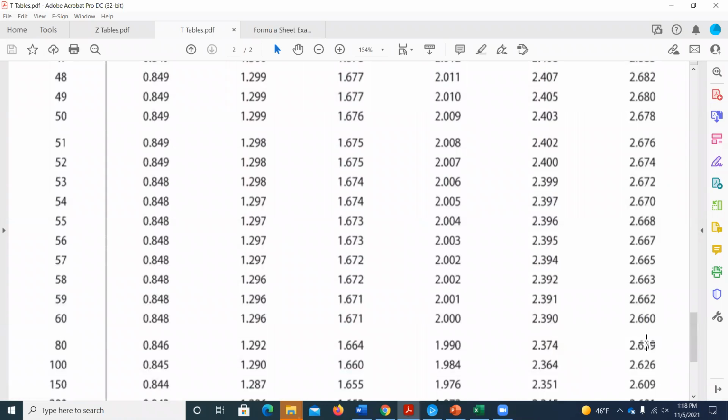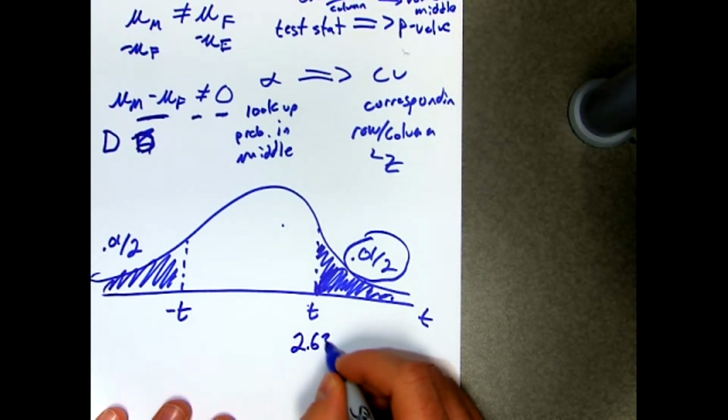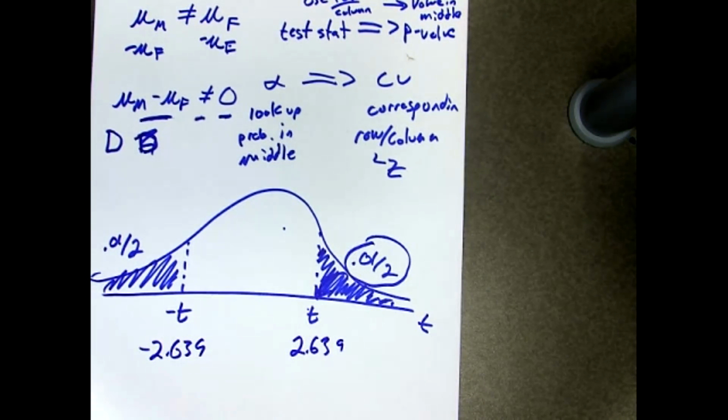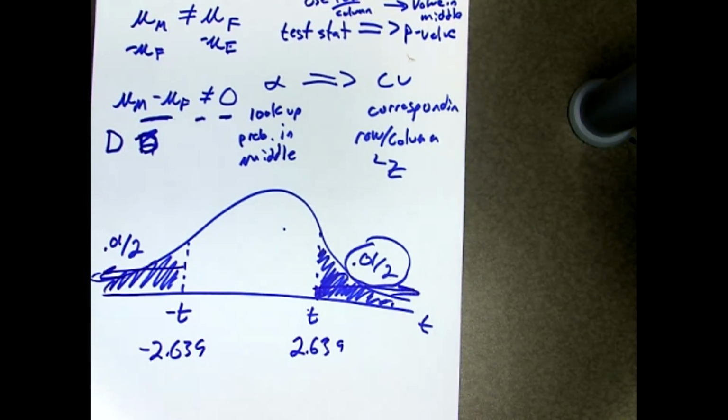Looks like that's 2.639, right? So I have positive and negative of the same value. I've got a pair, like each alpha would have a pair of critical values here. And I can think about my rejection region, drawing arrows kind of into the tails there.